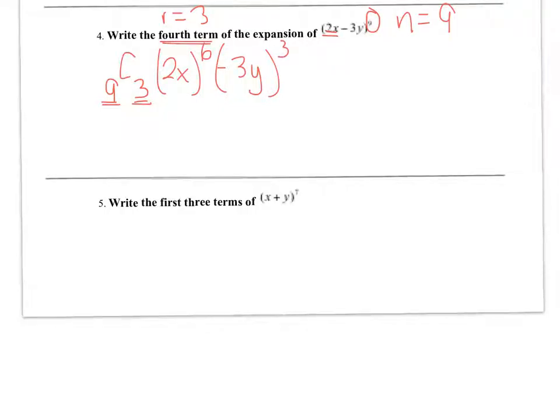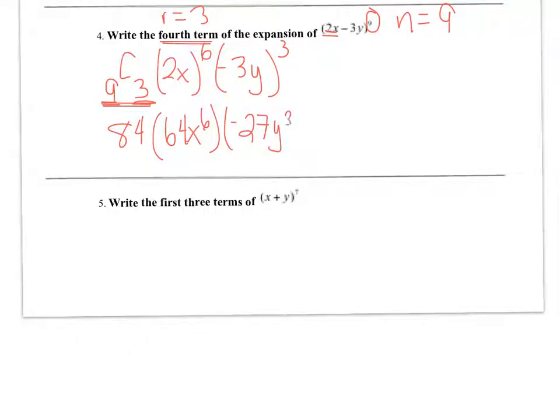Okay? In the next step, I'm going to evaluate each of these things. So 9C3 in your calculator gives you 84. 2x all raised to the 6th power, so that means 2 to the 6th power, which is 64, and then x to the 6th power. Then you've got negative 3y all raised to the 3rd power, so negative 3 to the 3rd power is negative 27.